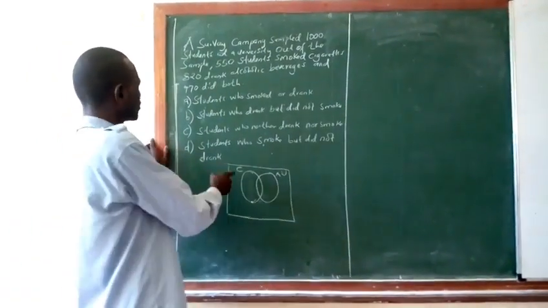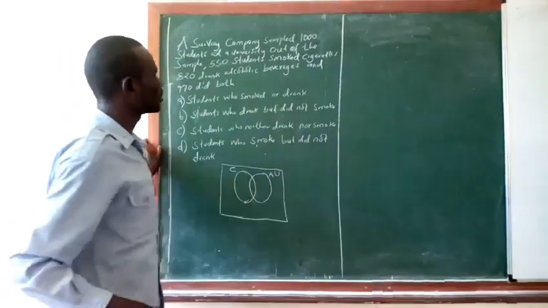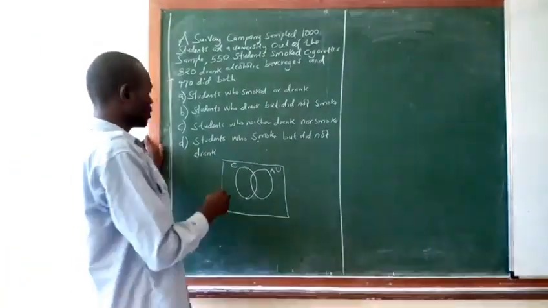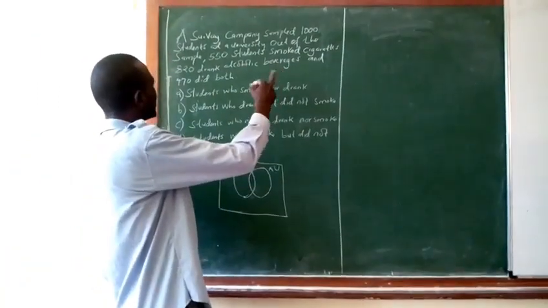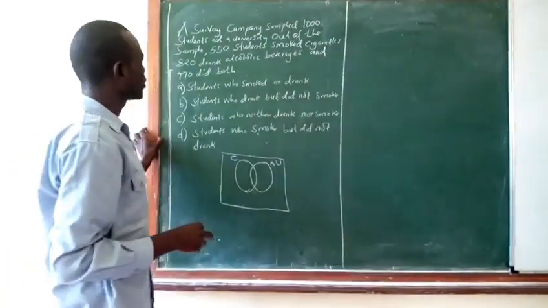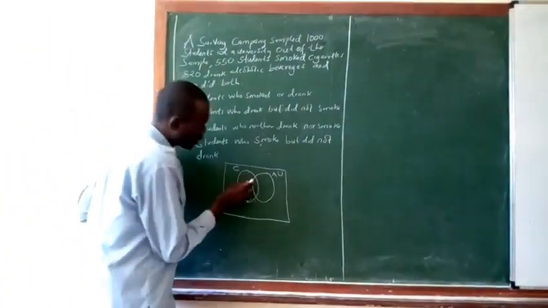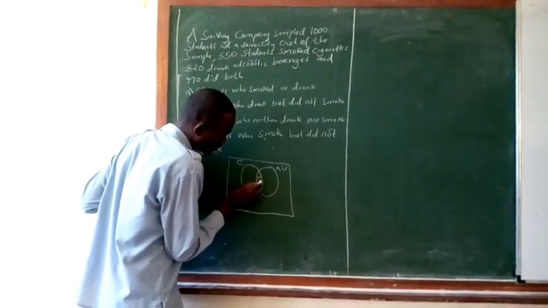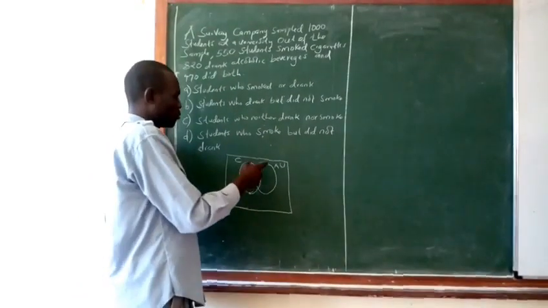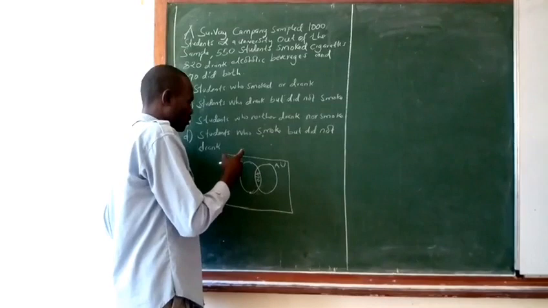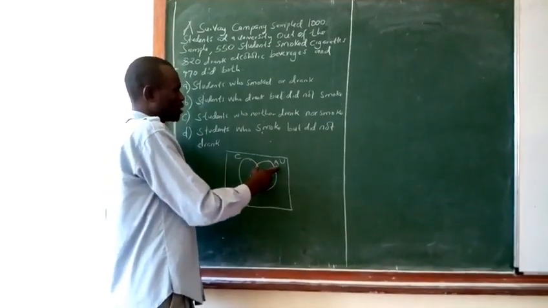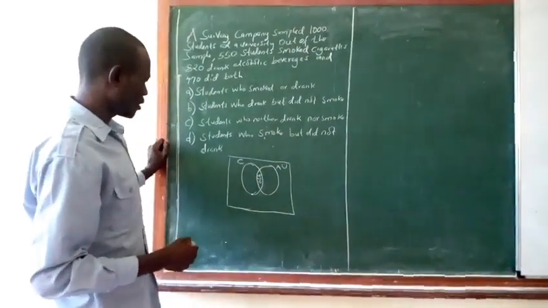Then we have 820 who drank alcoholic beverages, and 470 did both. So 470, they did both. They both smoked cigarettes and drank alcoholic beverages.